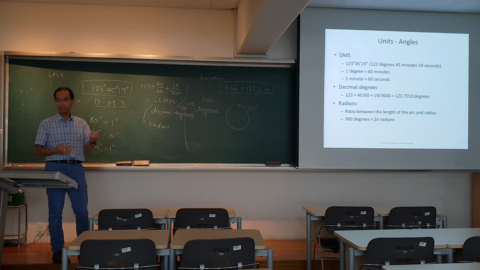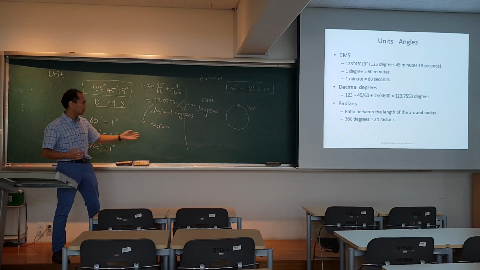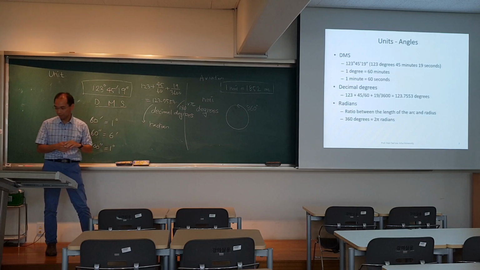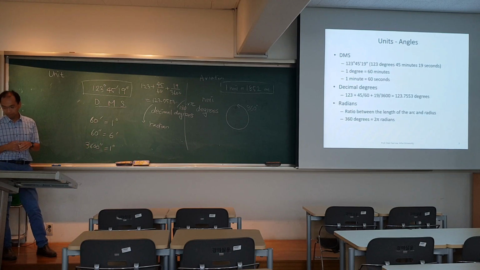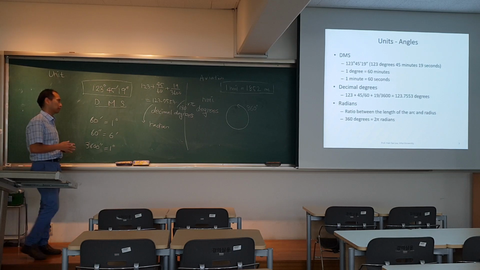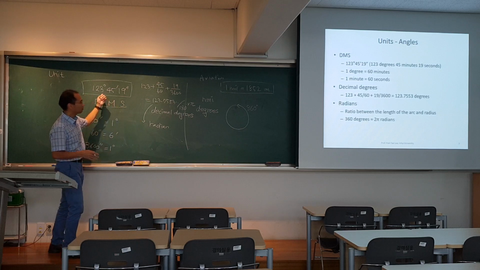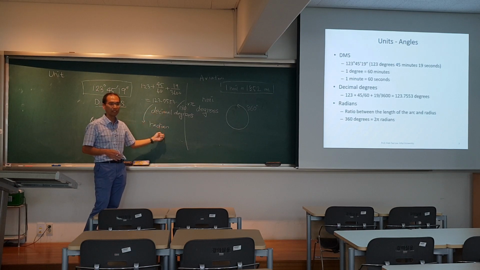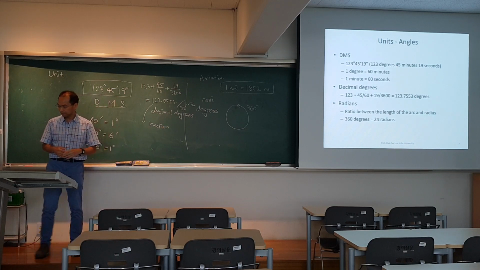Sometimes they provide special functions so that you can use degrees, but radian is always the standard. So if you have a simple calculator that takes radians, then from the DMS format, you will have to convert to decimal degrees and then to radians to do that sine cosine calculation.